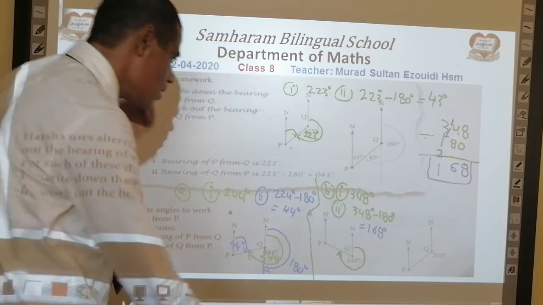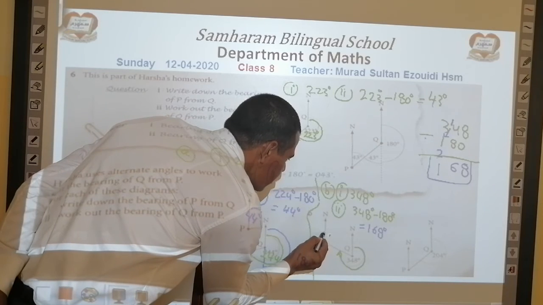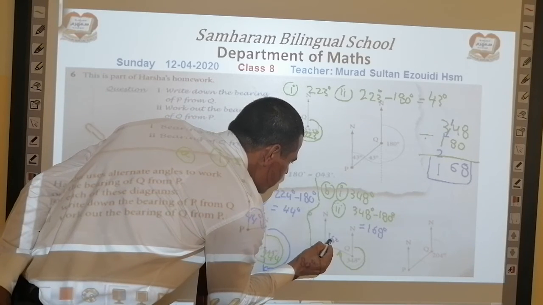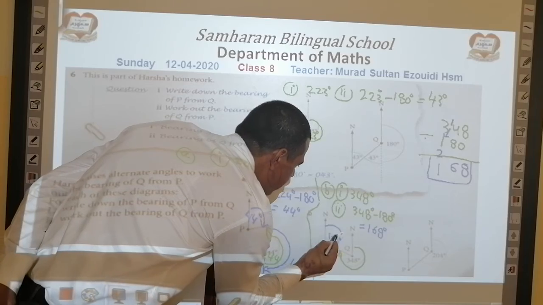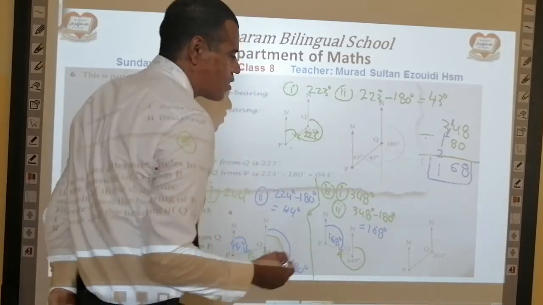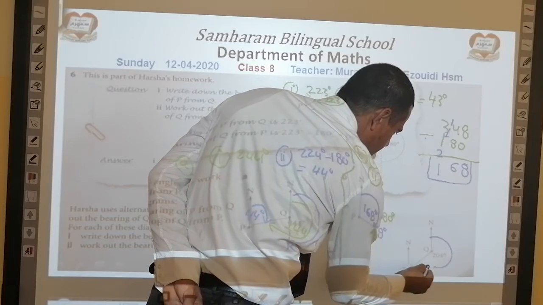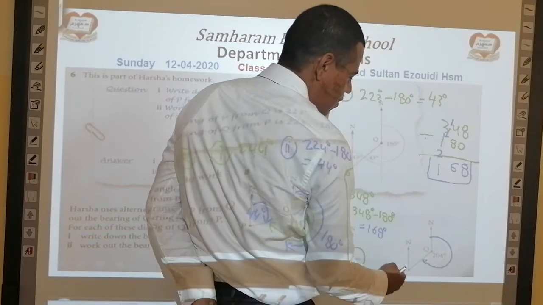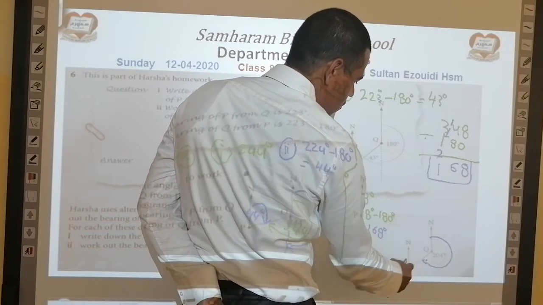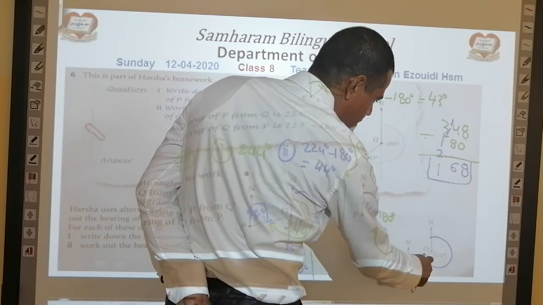Then this one is what, my kids? Is 168 degree. Then the last one, we have this, the bearing of Q from P is 204.